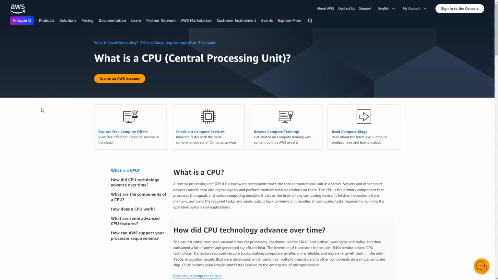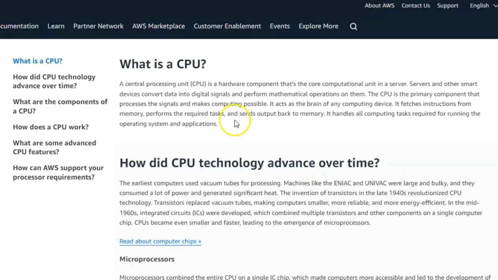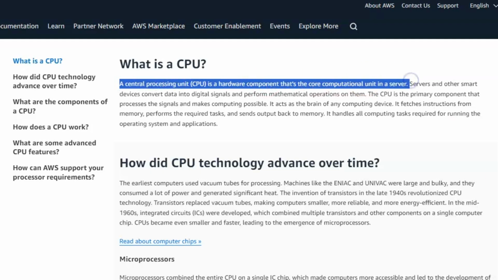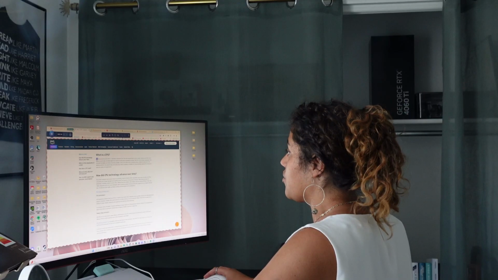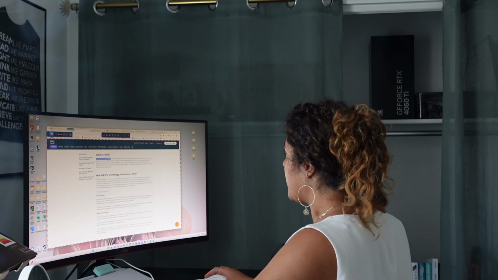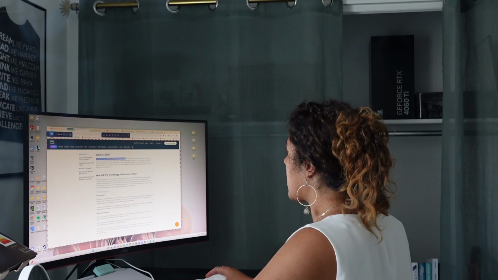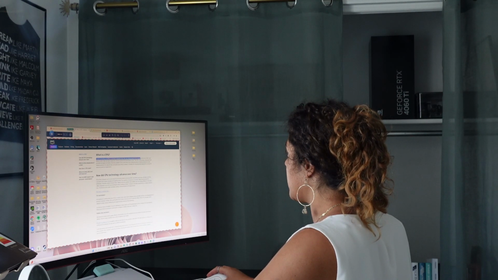So, for example, parenthetical definition. What is a CPU? The sentence definition: a central processing unit, CPU, is a hardware component that's the core computational unit in a server. And expanded definition: a central processing unit, CPU, is a hardware component that's the core computational unit in a server.